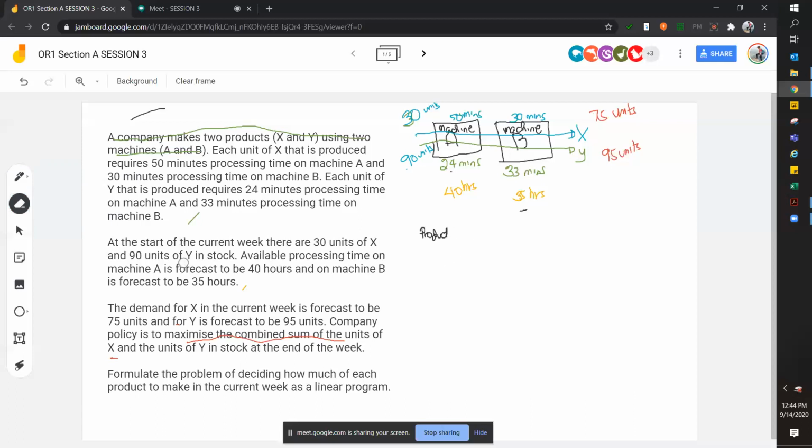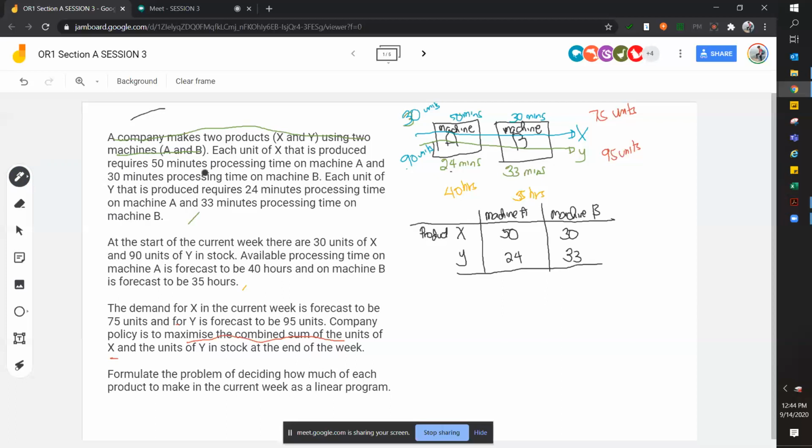Products X and Y, machine A and machine B. Product X: 50 and 30. Product Y: 24 and 33.